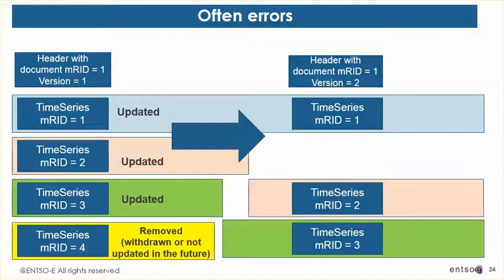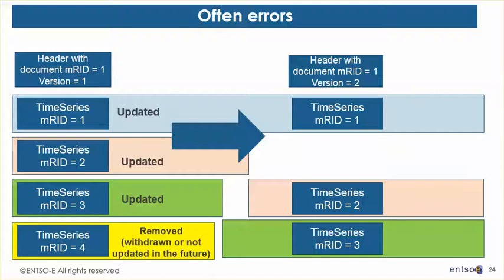Maybe the idea here was to withdraw or cancel time series outage 2, but in fact it was sent like 2 and 3. So these two time series outages, with time series ID 2, will be updated but not withdrawn, because the platform will see time series ID 2 in the next version.